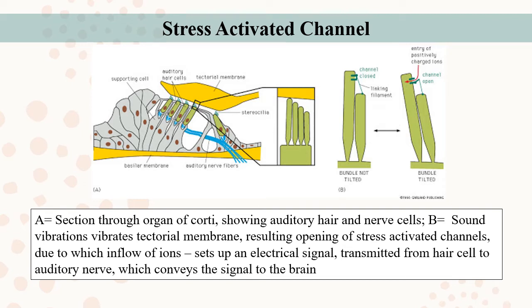The sound vibration vibrates the tectorial membrane, which is colored yellow, resulting in opening of stress activated channels, due to which inflow of ions sets up an electrical signal which is transmitted from hair cells to the auditory nerve and conveys the signal to the brain.